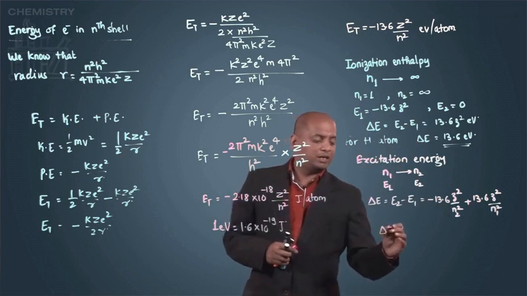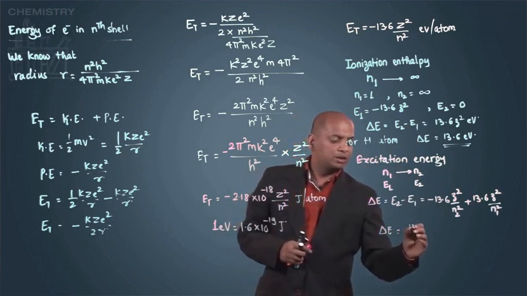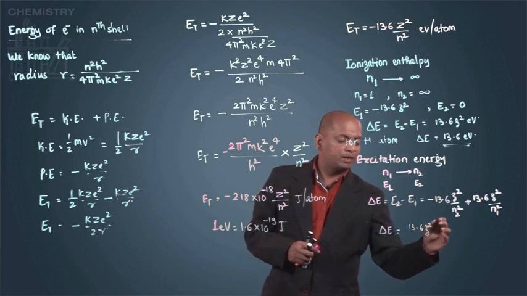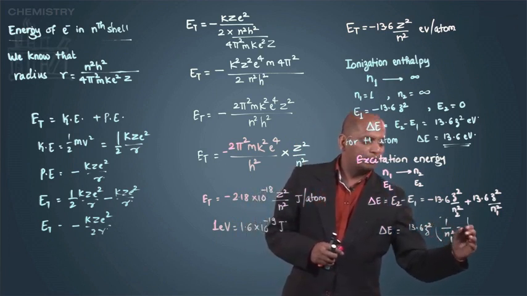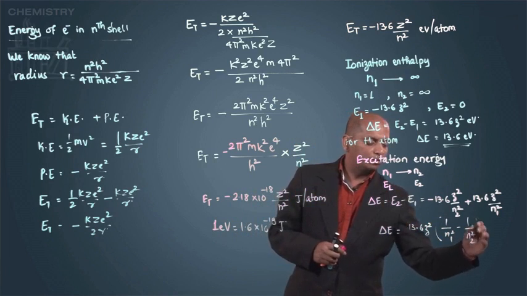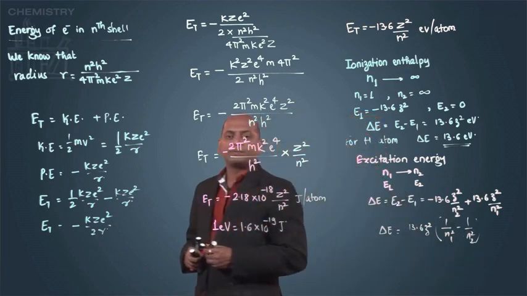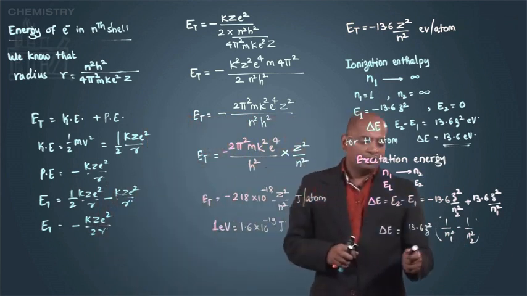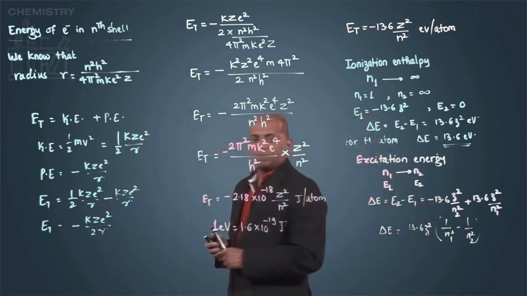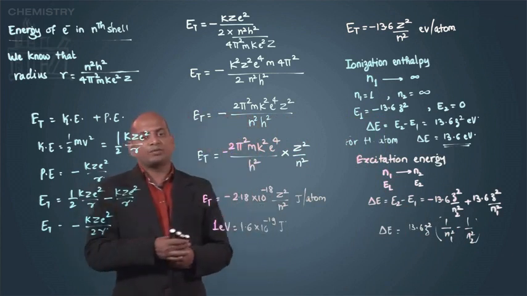So delta E is equal to 13.6 Z square into bracket 1 upon N1 square minus 1 upon N2 square. Now this way we can calculate energy required for the excitation of electron.